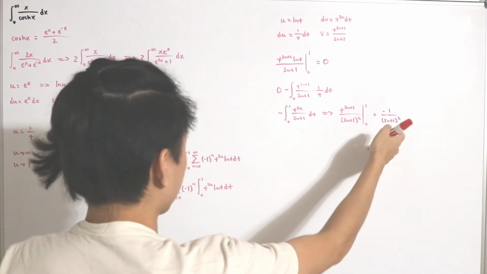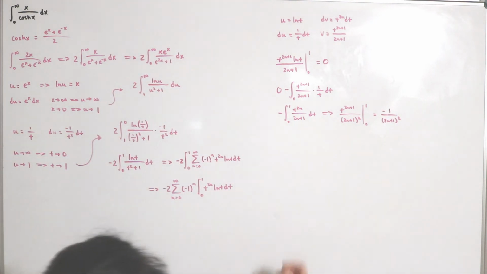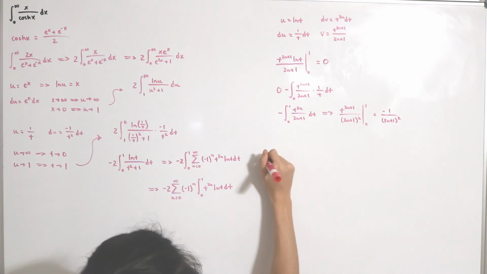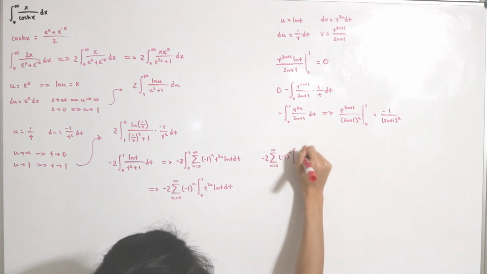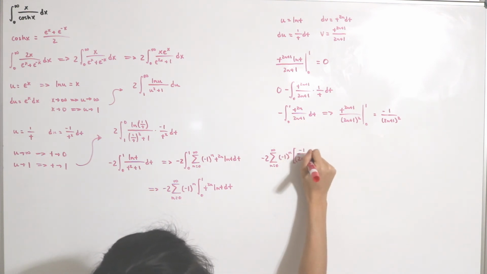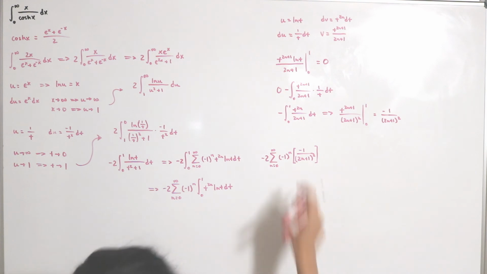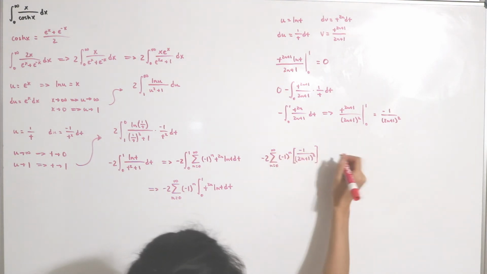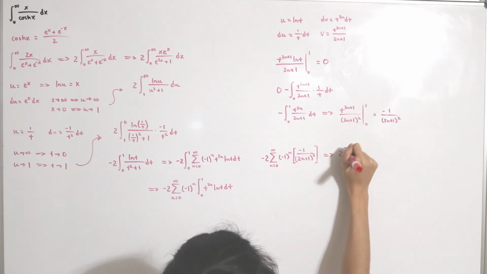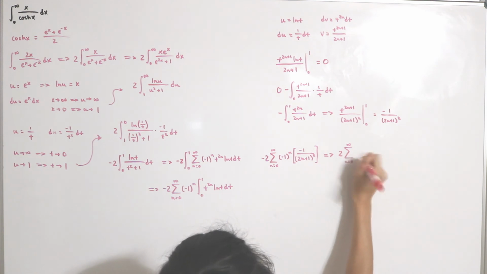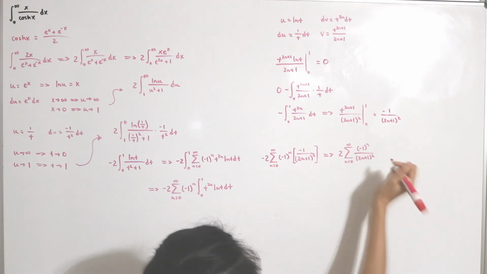Okay, so now let's substitute this back in. That means negative 2 summation, multiplied by negative 1, over (2n plus 1) squared. I can factor out the negative 1, so the 2 becomes positive. So this is positive 2 times the summation from n equals 0 to infinity of (-1)^n divided by (2n plus 1) squared.